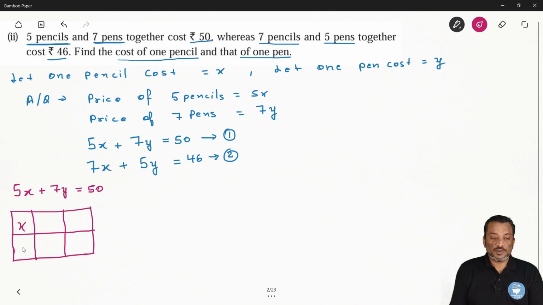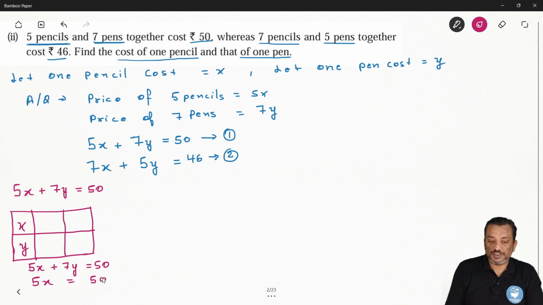So x y. ठीक है, यहाँ पे हमारे पास जो सॉल्यूशन है 5x plus 7y is equal to 50. ओके, नाउ अब यहां पे आप ध्यान से देखो मैं कैसे सॉल्यूशन बनाता हूं। 5x, अब 7y को मैंने ट्रांसपोज कर दिया राइट साइड में, so it will be -7y, and now 5 is multiplying with the x, so now I will transpose this one, so you will get 50 minus 7y over 5.